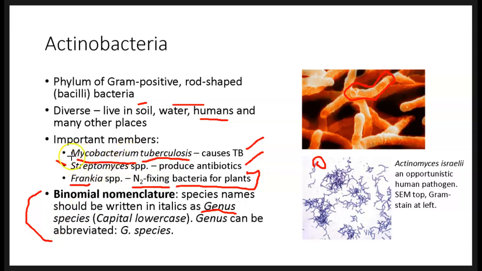So that is going to be capital M, lowercase t, Mycobacterium tuberculosis. We're also going to use italics when we type out these binomial nomenclature names. We also, if we want to, are allowed to shorten the genus by abbreviating it. So instead of writing Mycobacterium foliorum, we can write M. foliorum. So capital M, period, lowercase f, species.